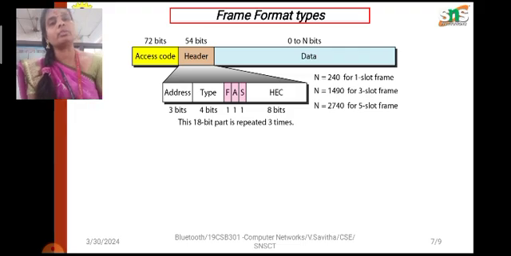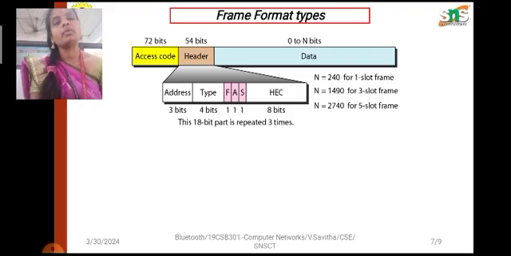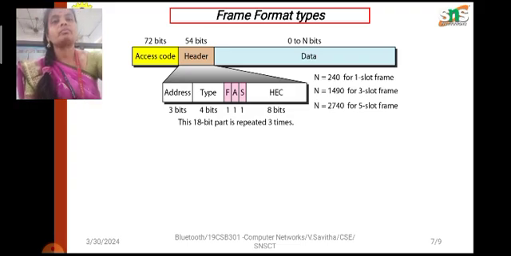This header information consists of the address of the device to which we have to transmit the data, the type of information transmitted inside the frame, and another sequence information with flow control, which is given by 3 bits F, A and S. F stands for flow, ARQN and SEQN, and finally the header error control is given by the HEC bits, which is mainly used for error detection and control.